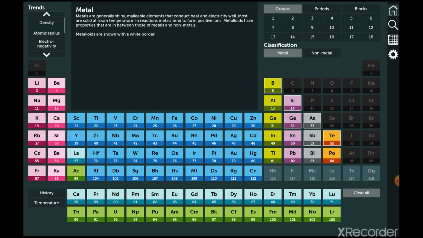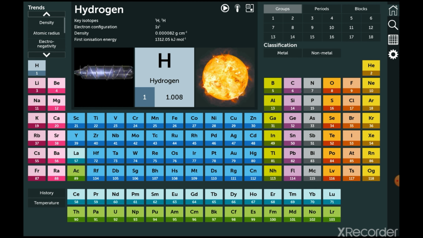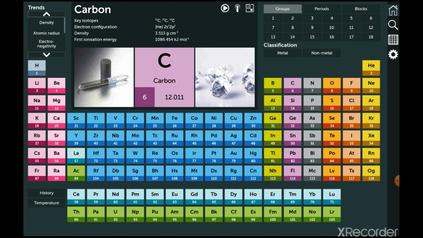What I want to get to today is to talk to you about carbon. Why carbon? Because most of the definitions that we derive today in stoichiometry are based on carbon and the mass of carbon, and are focused around this whole idea of the atomic mass units of carbon.